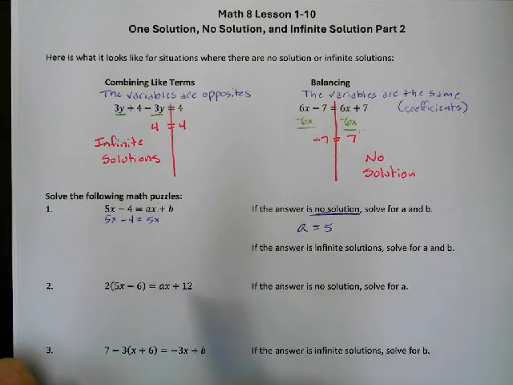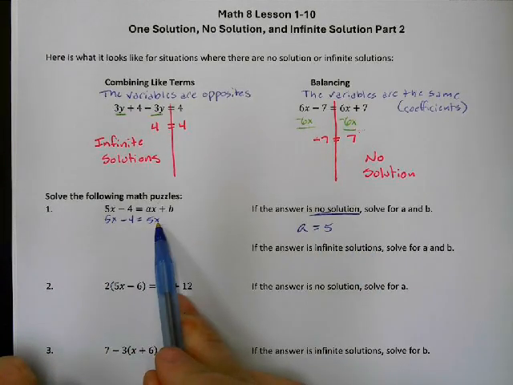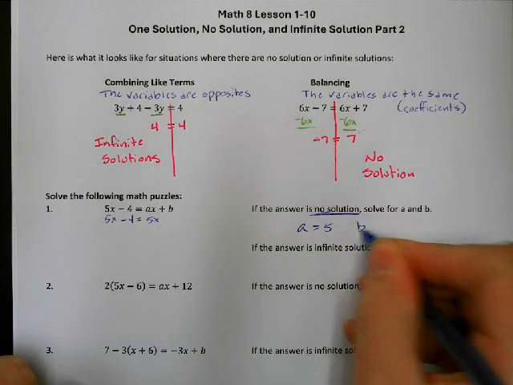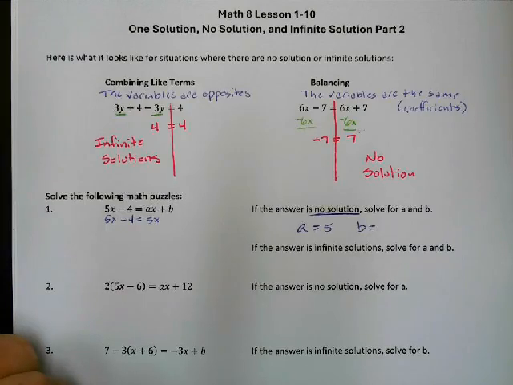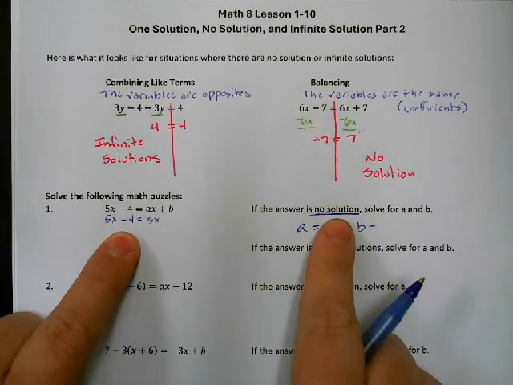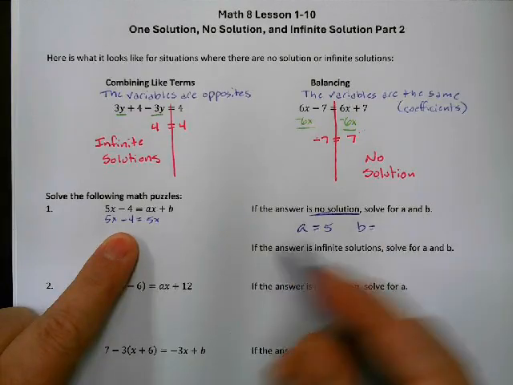Now, what about the b for it to be no solution? Okay, after the x's go away, I want this to be a false statement. So the only number that b cannot be is negative 4 if it's no solution. So b cannot be negative 4. It can be anything else. So it could be 1, it could be 2, whatever.